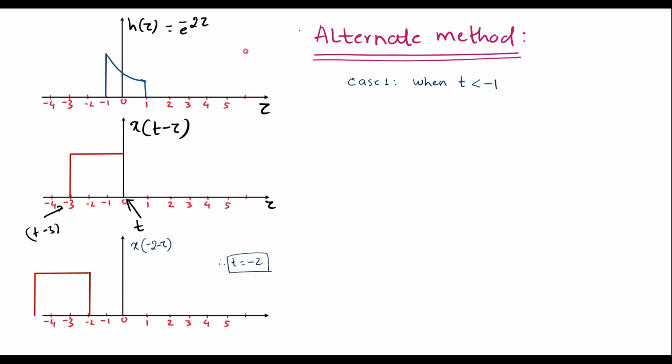Now if you perform the convolution between this signal and this signal, there is no overlap between the x of minus 2 minus tau signal and the h of tau signal. Therefore, y of t is equal to 0 for t less than minus 1.